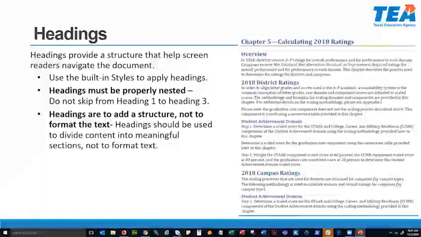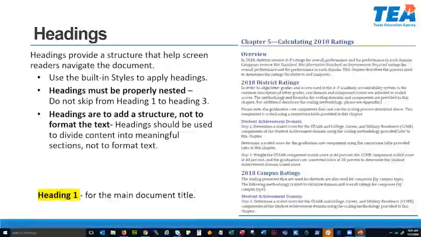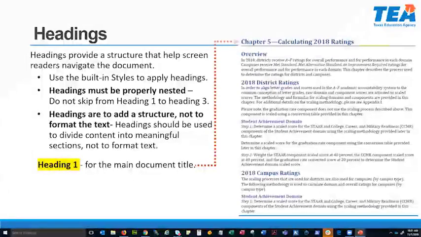So when you're working with headings, the first one you're going to use is your heading 1, and that's going to be your title to the document. And that should be the only heading 1 you apply in your document. Now for the subsections, the main sections after the title, those are going to be your heading 2s.